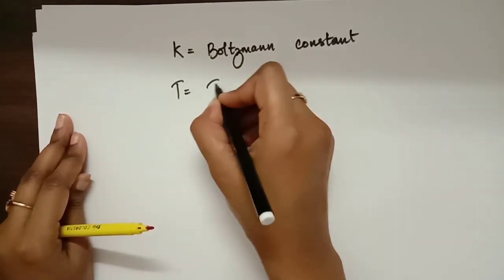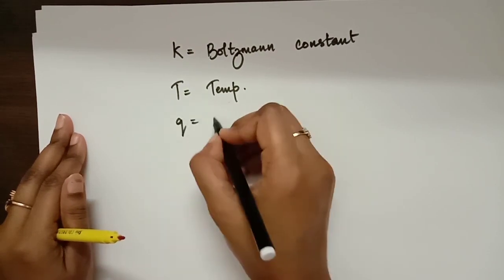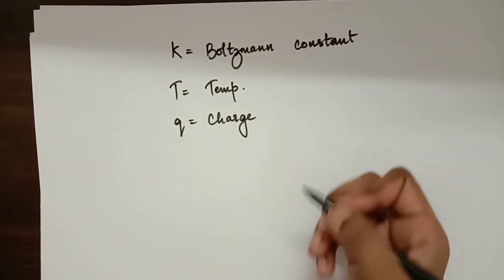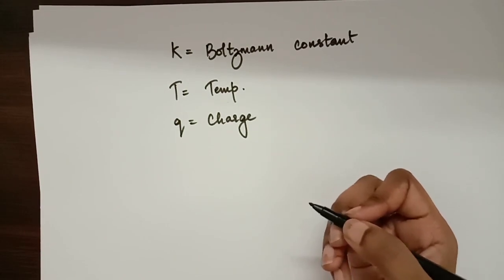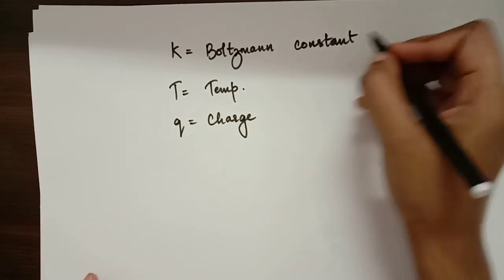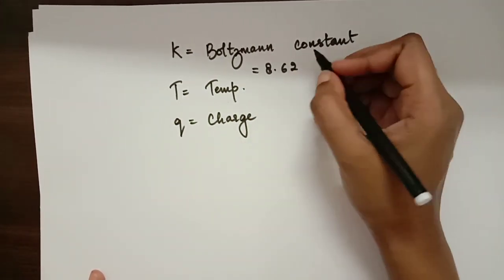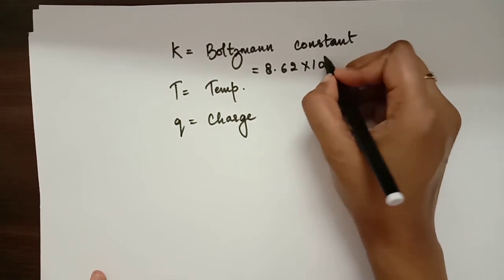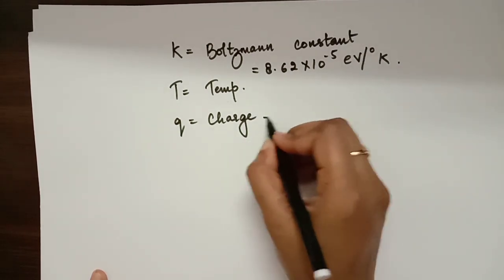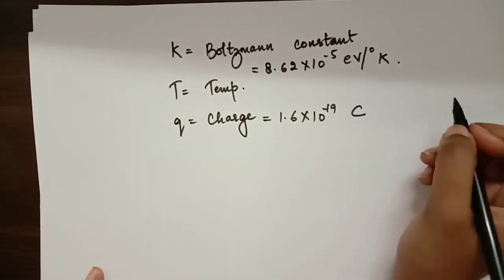T is temperature, and Q is the charge, that is 1.6 into 10 raised to the power minus 19 coulomb. The Boltzmann constant value is 8.62 into 10 raised to the power minus 5 electron volt per degree Kelvin, and charge 1.6 into 10 raised to the power minus 19 coulomb.